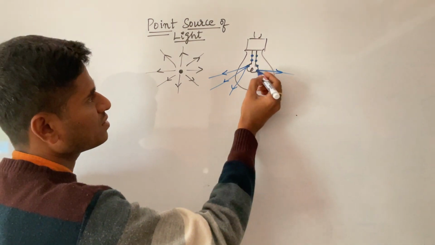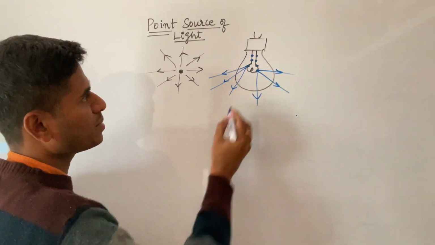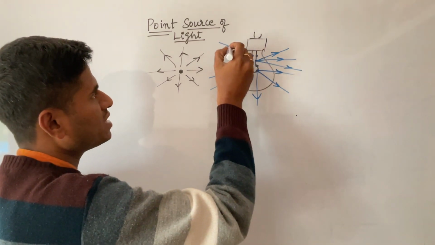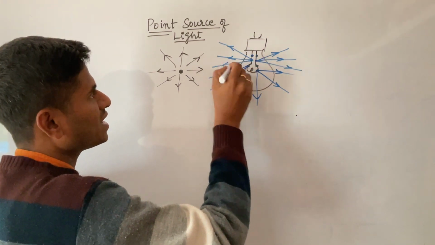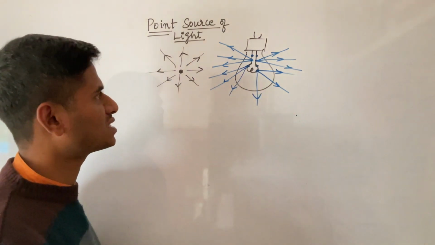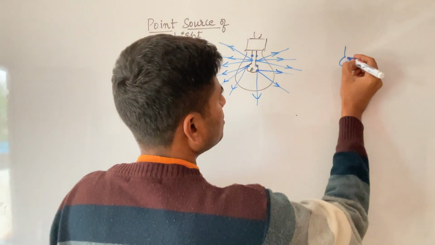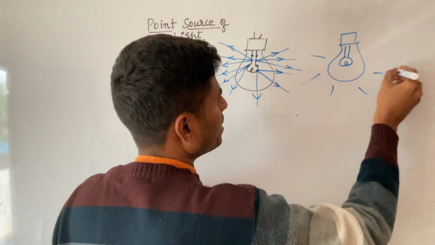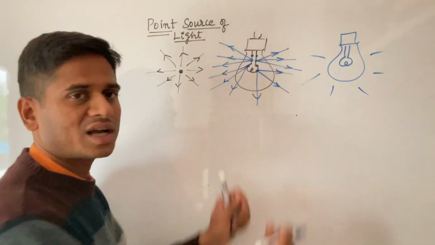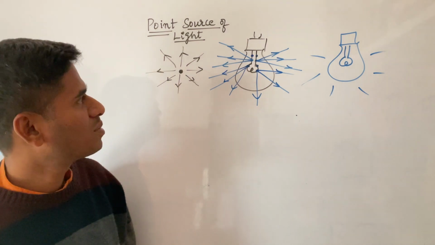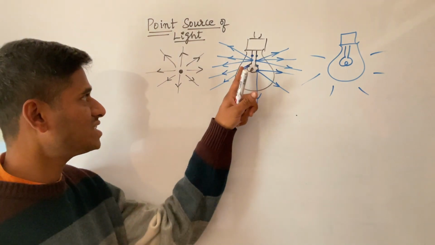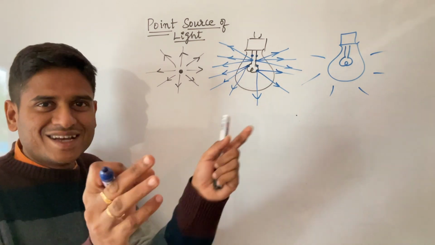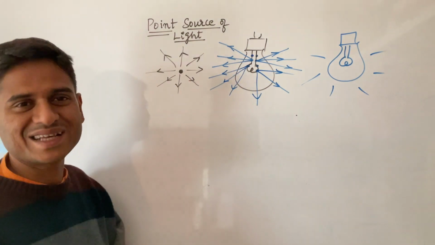And many a time, to simply show it, we just show it this way: light is coming out from the bulb. But actually, from each point on the bulb, light rays are coming out like this.